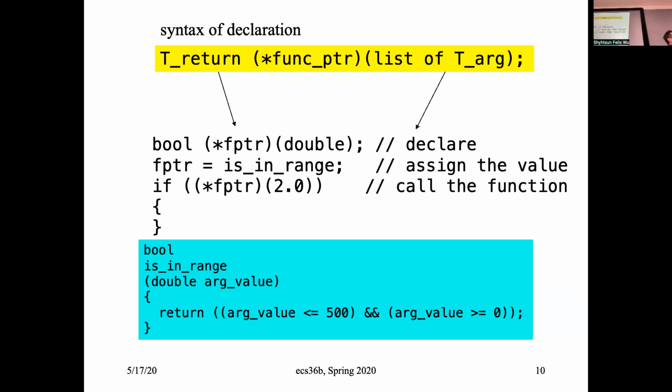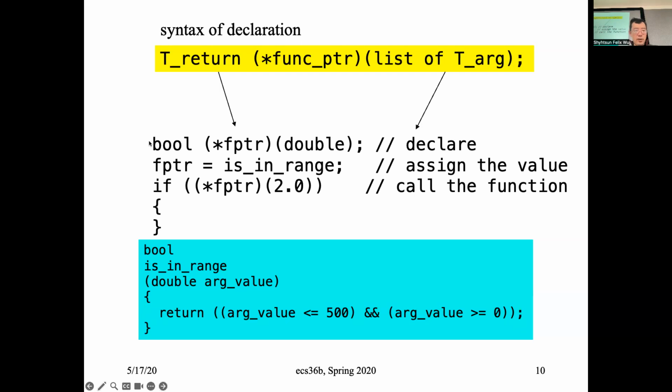So when we use a function pointer, we also need to check whether the function signature, except for the function name, is consistent with the function pointer. Let me tell you that the syntax looks like this.